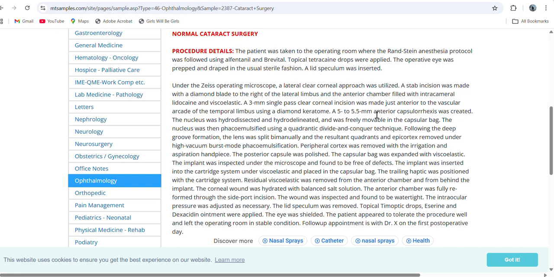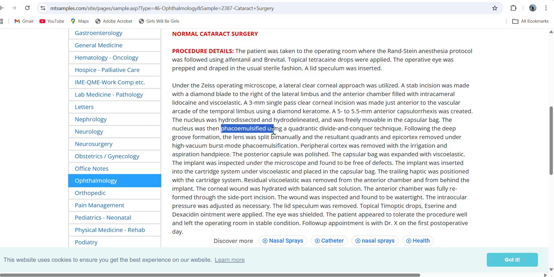An anterior capsulorhexis was created, a window created to remove the cloudy lens. Hydrodissection and hydrodelineation of the nucleus were done, and then phacoemulsification.